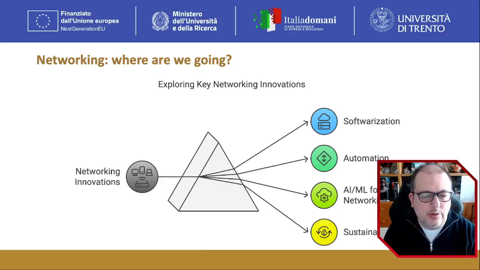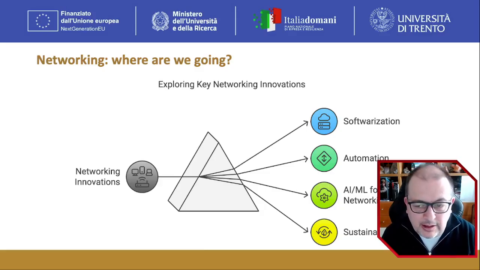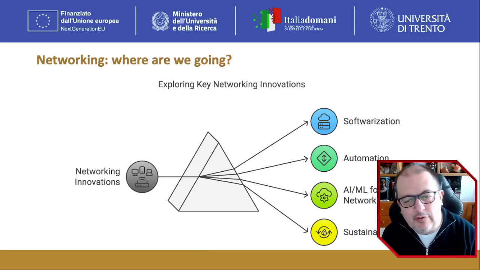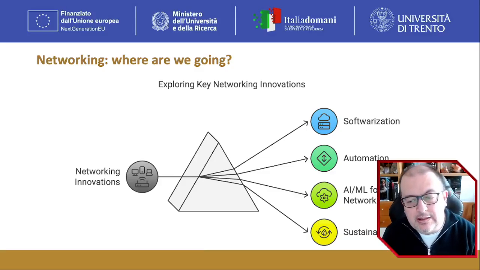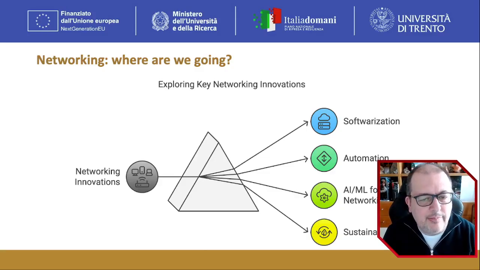Today, networks are becoming increasingly softwareized, they go towards higher levels of automation, but they are also targeting higher integration of AI and machine learning to improve performance and increase network management capabilities, and of course also sustainability, in the sense that networks are power-hungry devices and a component of today's digital society, and they need to be sustainable.